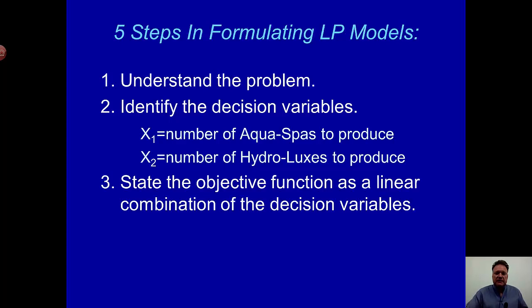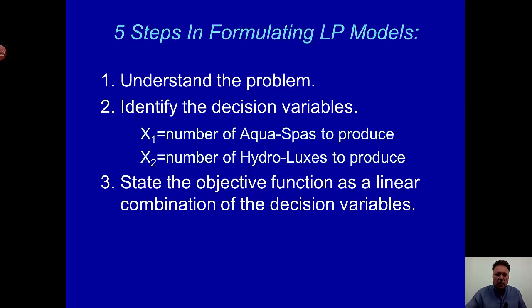The third step is state the objective function as a linear combination of the decision variables. Well, the decision variables are how many aqua spas to make and how many hydroluxes to make. So the objective function is going to be in terms of X1 and X2. And we also identified that this was a maximized profit. So since we're maximizing profit, the objective function coefficients are going to be profit.